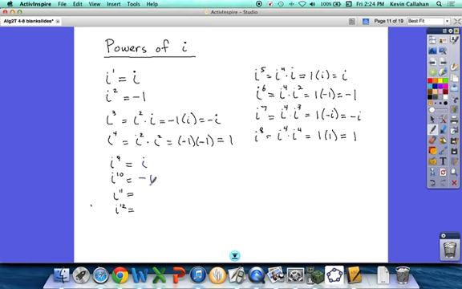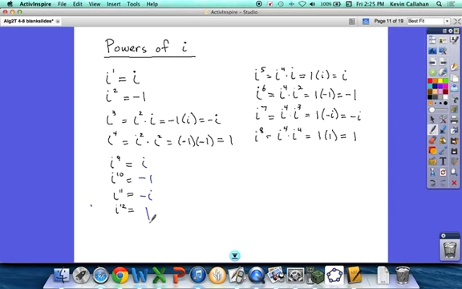Every 4 are in the same pattern exactly. i to the 11th would be i to the 8th times i to the 3rd, negative i. And i to the 12th would be i to the 4th times i to the 4th times i to the 4th, which is 1. Same pattern. Every 4, they just repeat themselves.